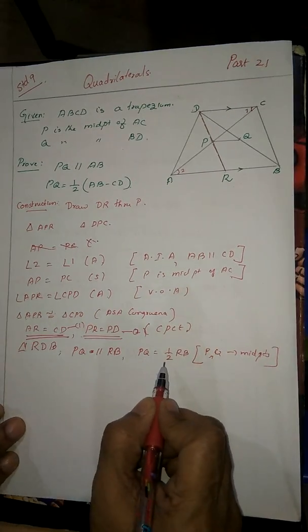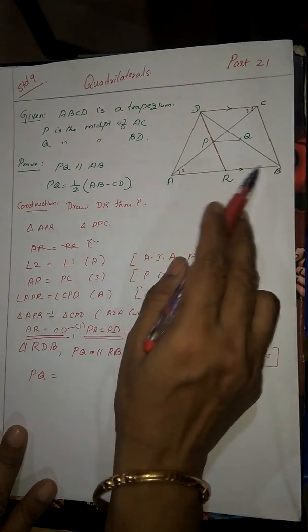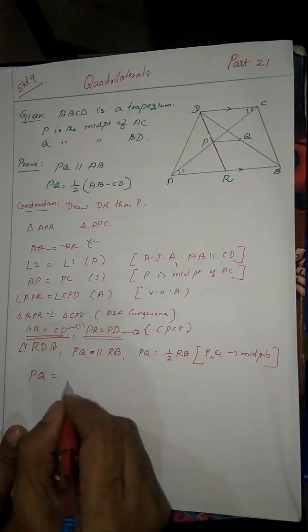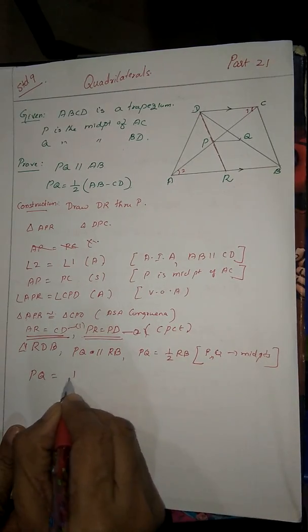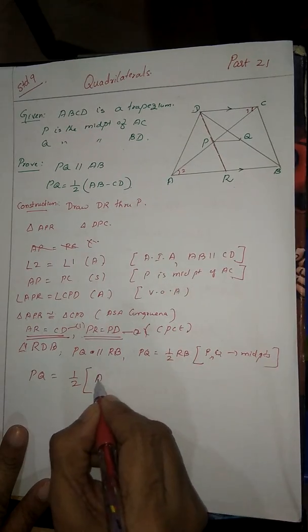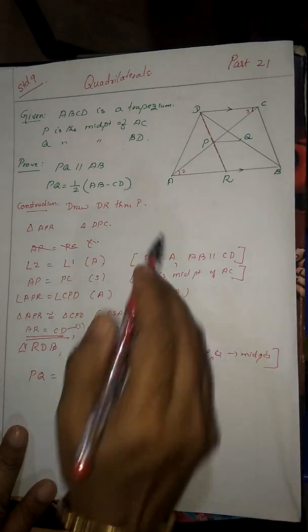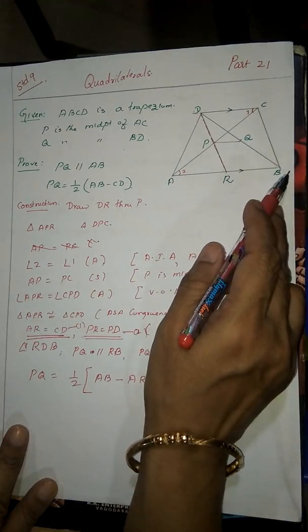Now we can write PQ is equal to half of RB. Instead of RB we can write it as AB minus AR, since AB minus AR is equal to RB.